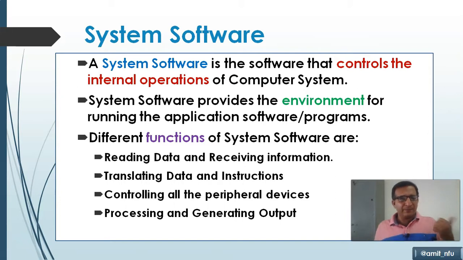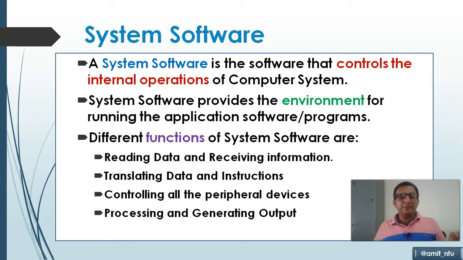It has various functions like reading the data, receiving the information, translating the data and instructions from high level language to machine level language, as we provide the input in high level language, but the computer understands it in machine level language. Higher level language can be English, which is printed on our keyboard, but machine level language is the language of zeros and ones. It's a binary language. It's a language of electrical signals which the computer understands.